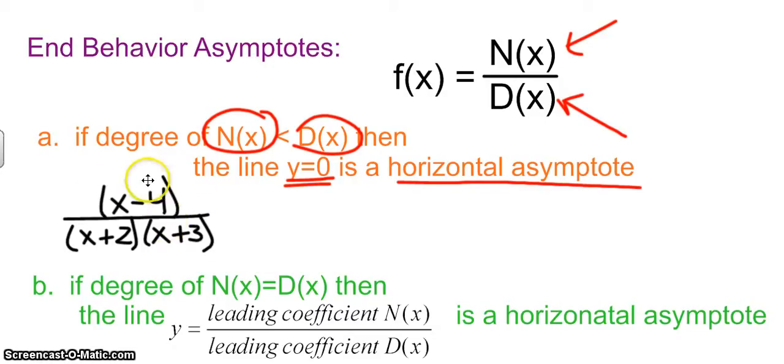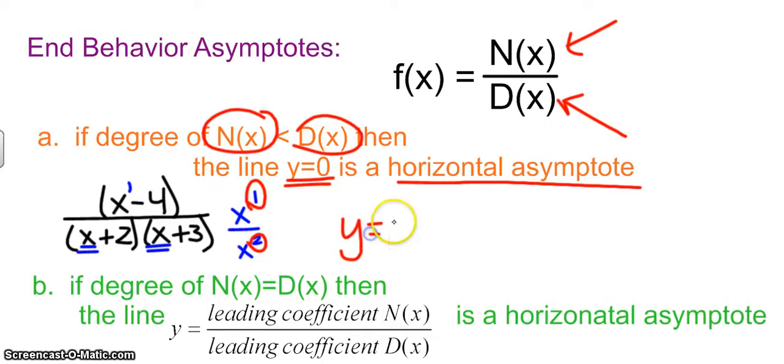So from here, we can figure out the end behavior asymptote. The degree of the numerator is 1. The degree of the denominator is going to be x to the second, because these are going to FOIL back together. Well, x to the second is bigger, right? Degree of the denominator is bigger than the degree of the numerator, in which case the line y equals 0 is our horizontal asymptote.